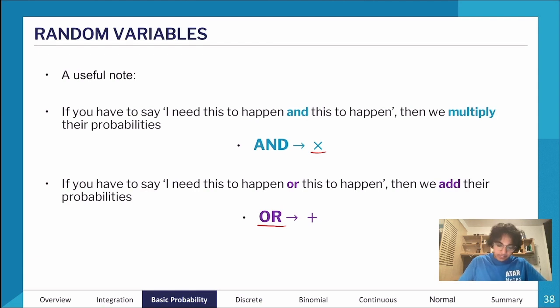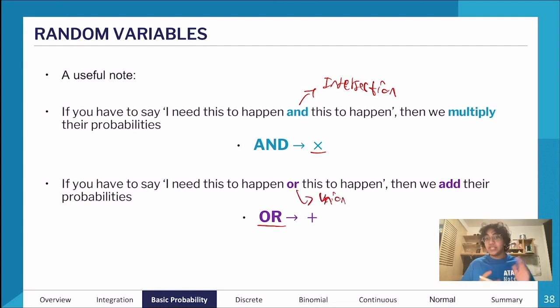And hopefully these and or sort of things ring a bell. And is an intersection, right? And is intersection. And or is union. So general rule of thumb, if you see intersection, you're multiplying. If you see union, you're adding. But remember the intersection multiplying thing only works for independent events.